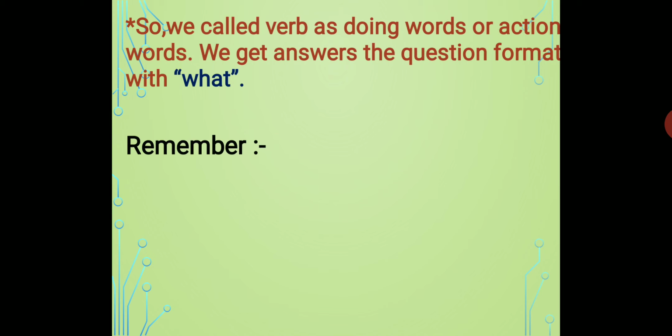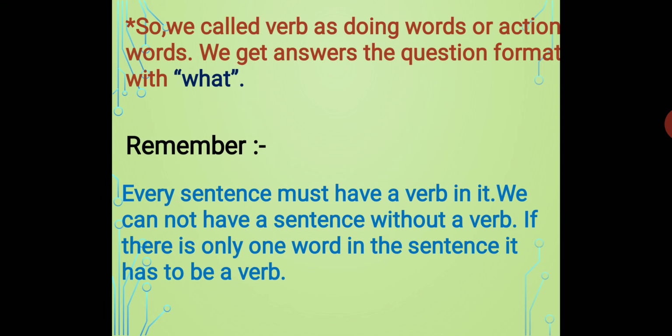One more thing you have to remember about the verb is that every sentence must have a verb in it. It means that without a verb, sentence formation cannot be possible. We cannot have a sentence without a verb. If there is only one word in the sentence, it has to be a verb.